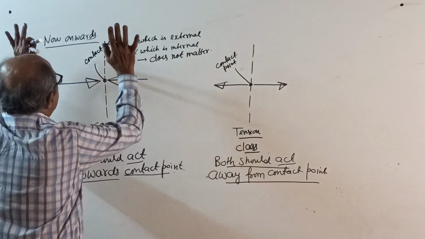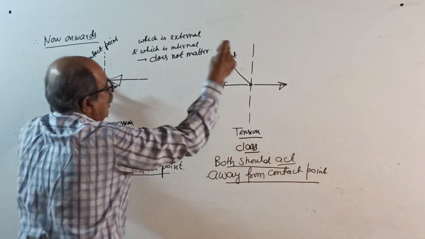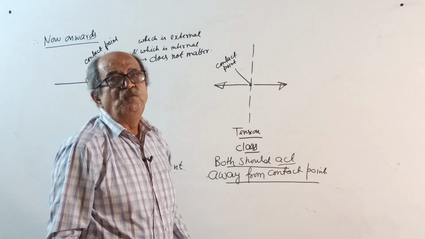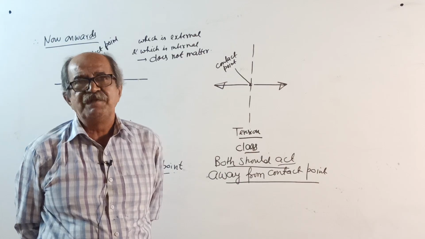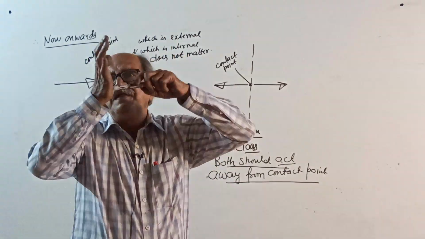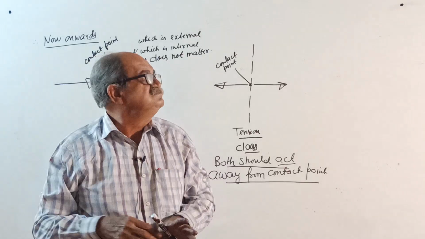Now, at a contact point, one of them will be internal, one of them will be external. Remember, at a contact point, if I take this way, one of them will be external, one of them is internal.